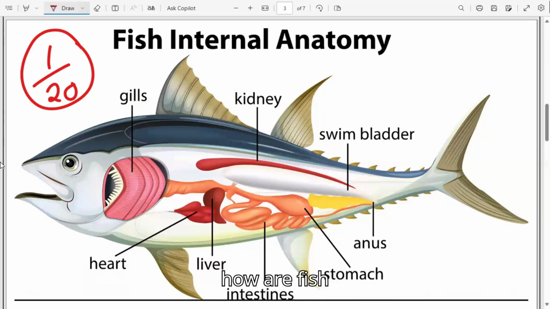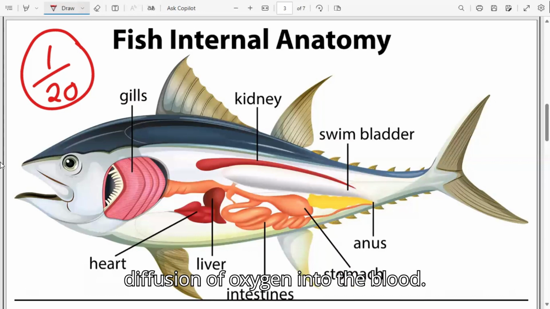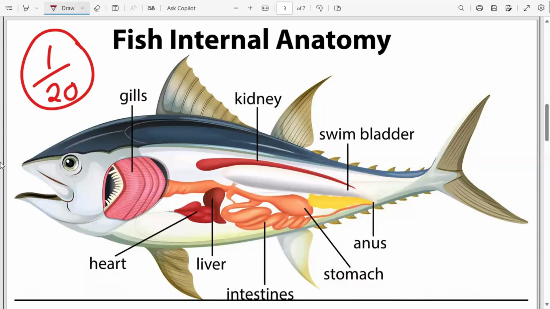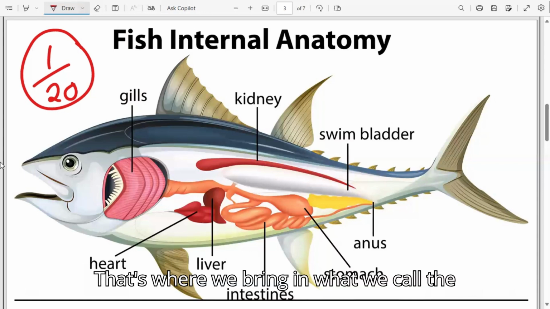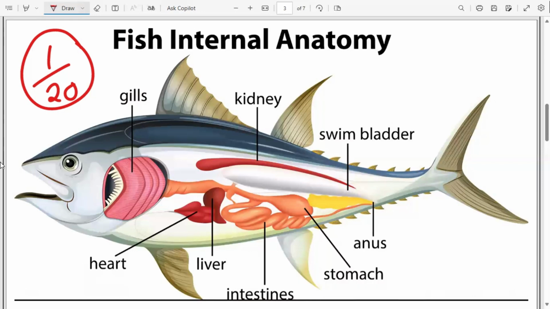So how are fish adapted to this process, or how is it possible to maximize the intake of oxygen, to maximize the diffusion of oxygen into the blood? That's where we bring in what we call the counter current flow mechanism.